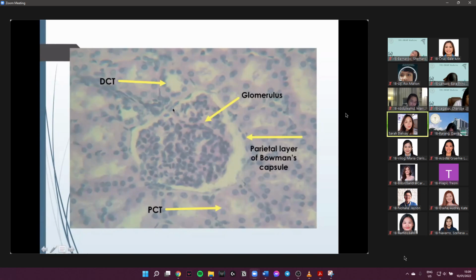On the other hand, the distal convoluted tubule is also lined by simple cuboidal epithelium, although the brush border is not very obvious, but note, this also contains what we call sparse brush border. So when we ask you for the lining epithelium of the distal convoluted, you just say simple cuboidal epithelium with sparse brush border.